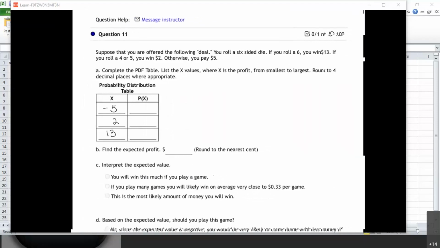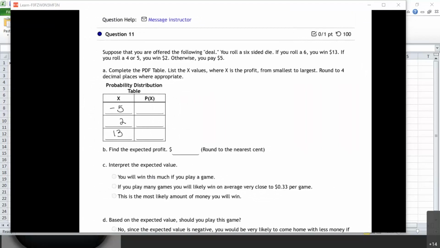And then all I need is the probabilities for each of these. Well, losing $5 happens if I roll a 1, 2, or 3. That's 3 out of 6 possibilities. I get a $2 payout if I roll a 4 or a 5.